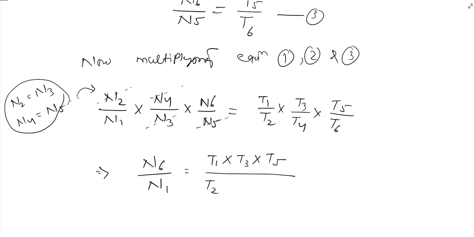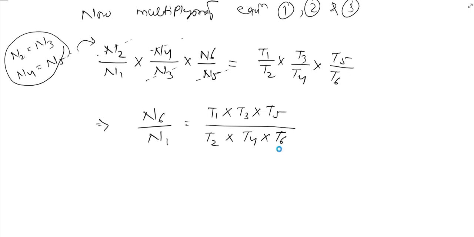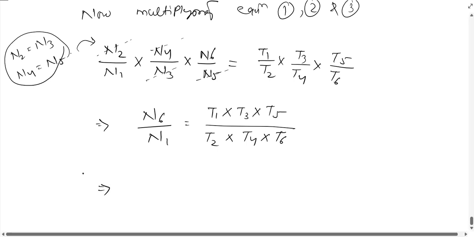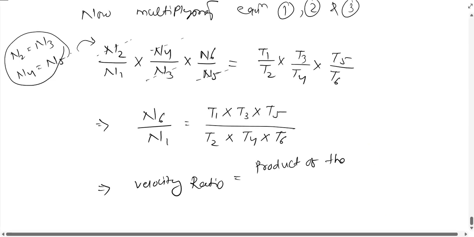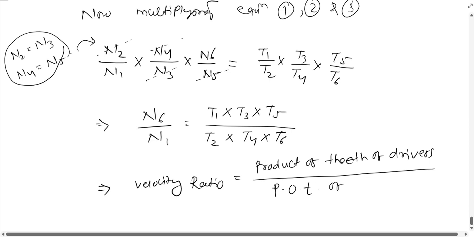by t2 into t4 into t6. So see, n6 by n1 is nothing but the velocity ratio of this compound gear train, which is nothing but the ratio between product of the teeth of the drivers by product of teeth of followers.